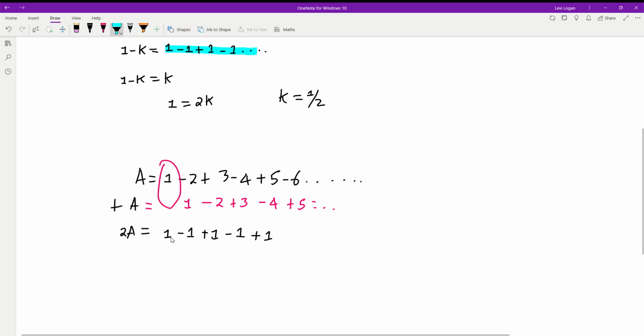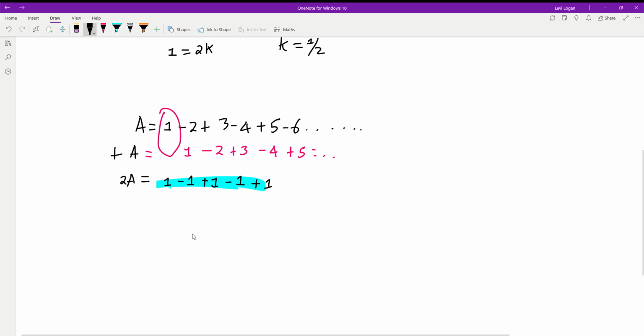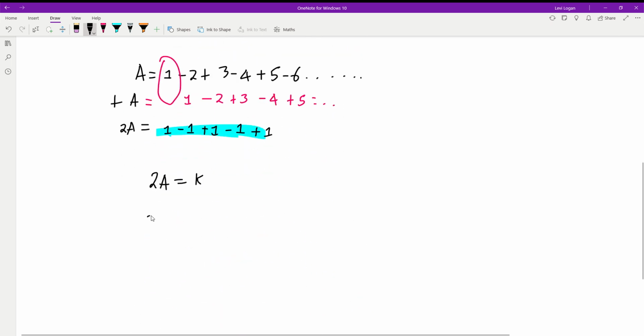So we can see this is just the sum we looked at before. What we have is 2A is equal to K, and we worked out K is a half. So 2A is equal to a half, therefore A is equal to 1/4. Okay.